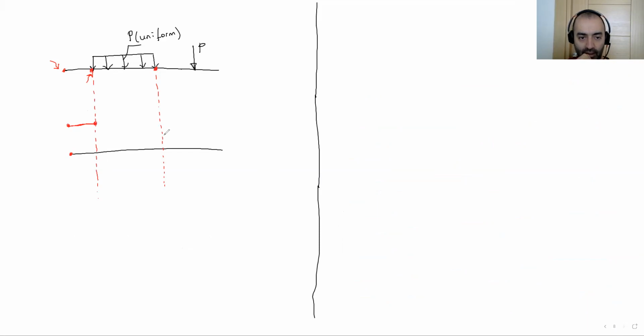Let's assume that we did this calculation and the shear force value is this. I'm gonna connect these 2 points with a line, because it's gonna be linear. Then from this point to this point, there is no external loading, so shear force goes constant like this till this point.